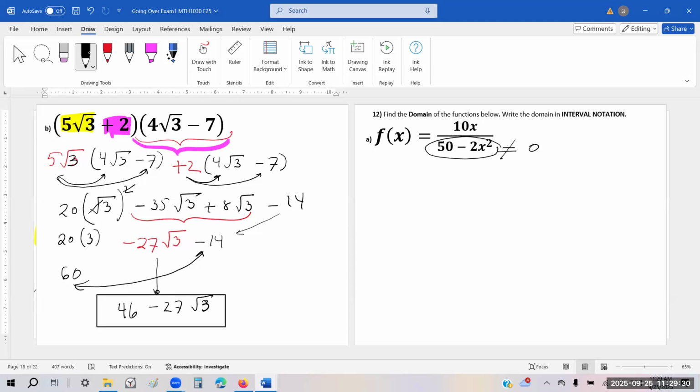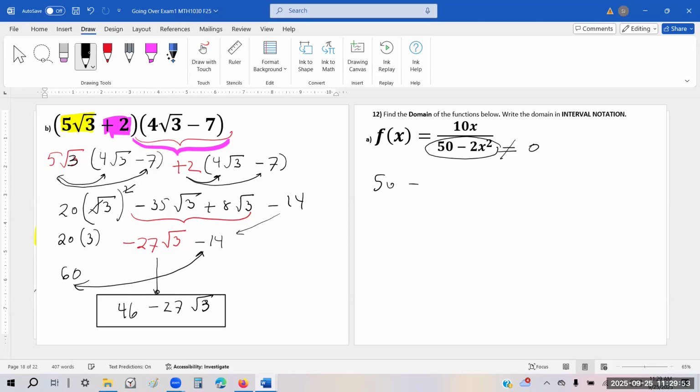Now we know that the denominator can be positive, can be negative, can be a whole number, can be a fraction, can be a decimal, can be everything else, but it cannot be only one number, 0. And then we figure out which number makes the denominator 0. So to figure out that number, we solve for x here.